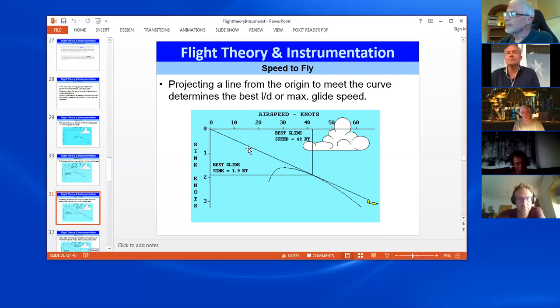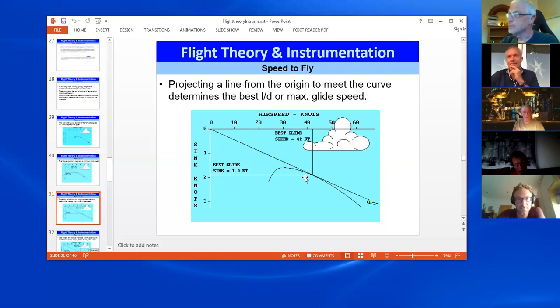To get your best glide, assuming you've got a polar curve, you take the line from the origin which just touches the curve, which for those who remember their mathematics is the tangent. Basically, you take a line from the zero point and draw it to where it touches your curve. That, when you take it up, gives you your best glide speed.